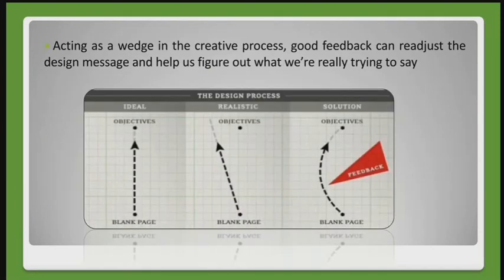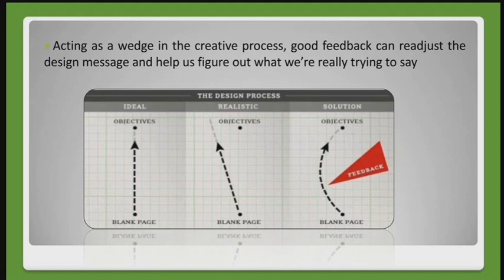Now here you can see that there is a graph. In the first part you can see there is a blank page leading to an objective. In the ideal case there is a blank page, which means there is nothing about our product. The only thing is some objectives or targets to reach.